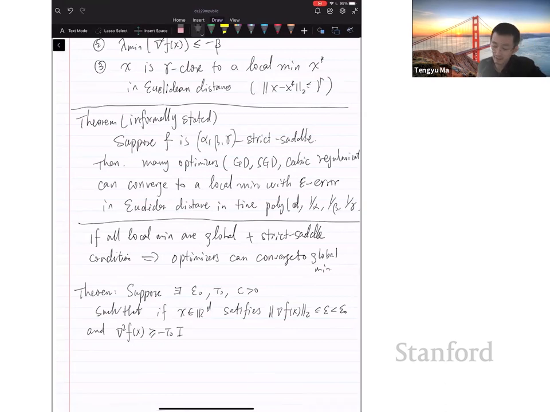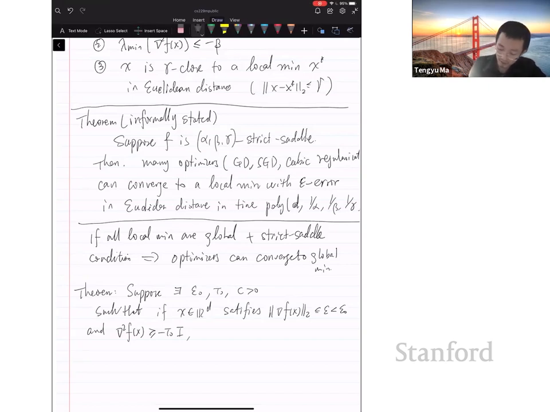So what do these two conditions mean? This is saying that you are a somewhat approximate local minimum, right? So you have already passed the sanity check for local minimum. Of course you cannot rule out the pathological cases, but at least you pass the first order condition. The first order gradient is small. You somewhat pass the second order condition approximately because the Hessian is almost larger than 0.